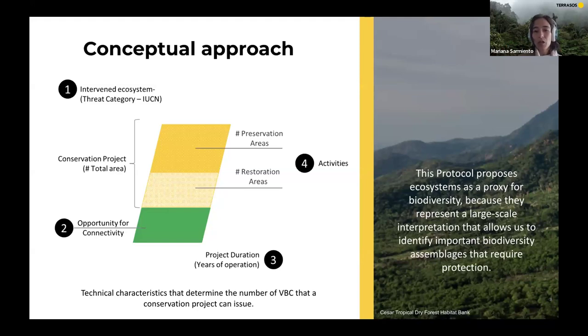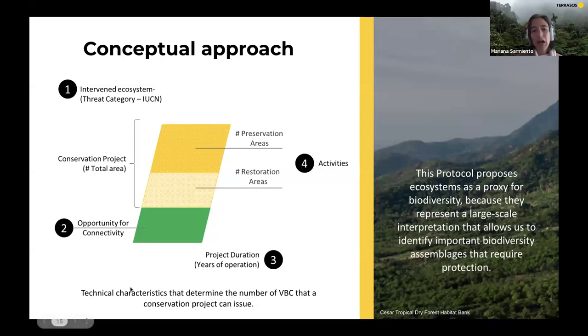Three, the project duration. So the longer the project, and no project that is structured for less than 20 years can issue credits. But if my project has been structured for 30 years, it will get more points than if it's just 20 years, for example.